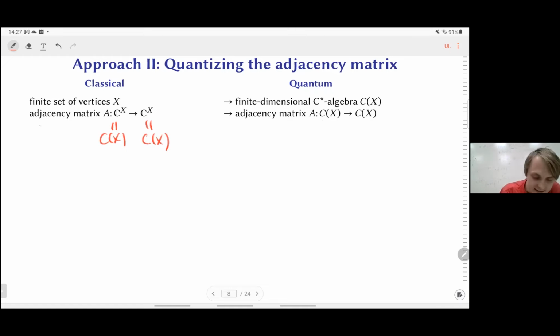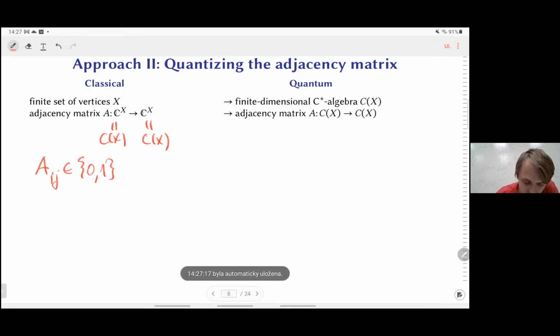But here, in addition, we have another condition, namely that the entries of this matrix are zeros and ones. Again, it is not really clear what this should be in the quantum setting, so we need some extra structure.